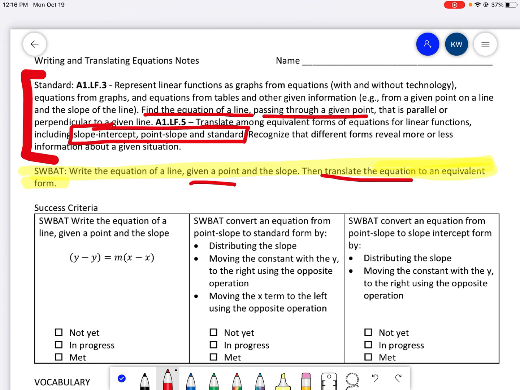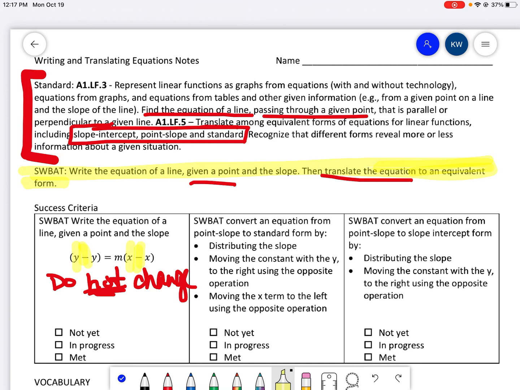This is the point-slope form, and I want to write some notes. This and this don't change. They do not change. And remember, it's always going to be minus an amount.